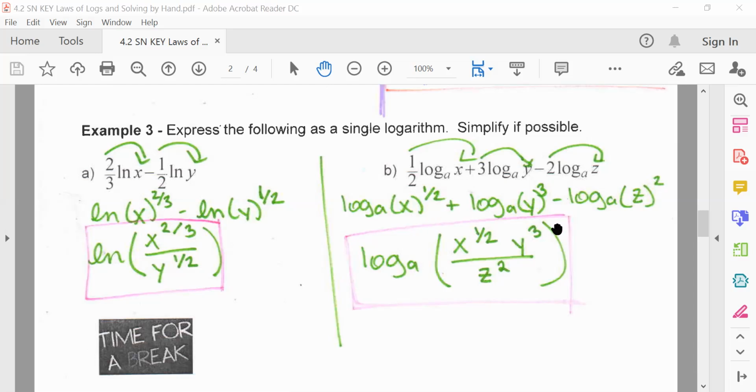Okay, this third log was subtracted, so it's log base A of z squared being subtracted, so that z squared ends up divided inside our single log. Okay, so we have z squared in our denominator. Are we good? Any questions here?